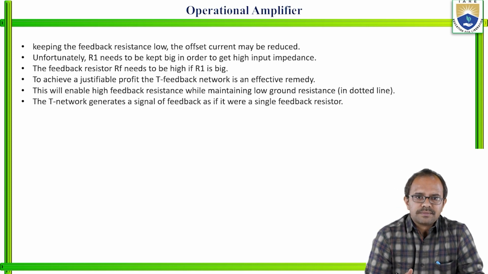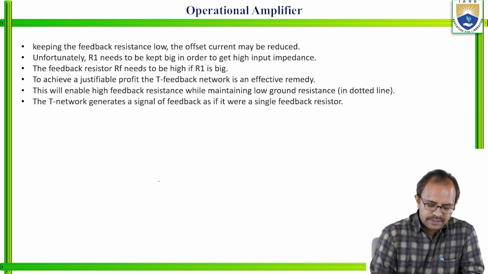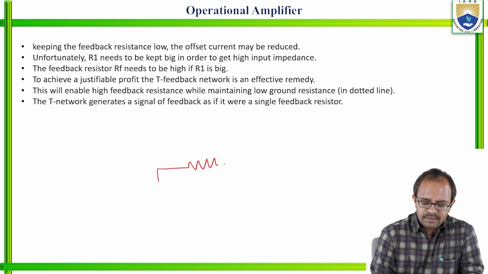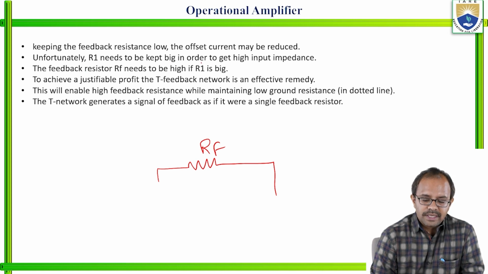How to overcome that? One kind of solution here is keeping the feedback resistance RF low. One can expect the offset current may be reduced, right? And unfortunately, R1 needs to be kept big in order to get high input impedance.